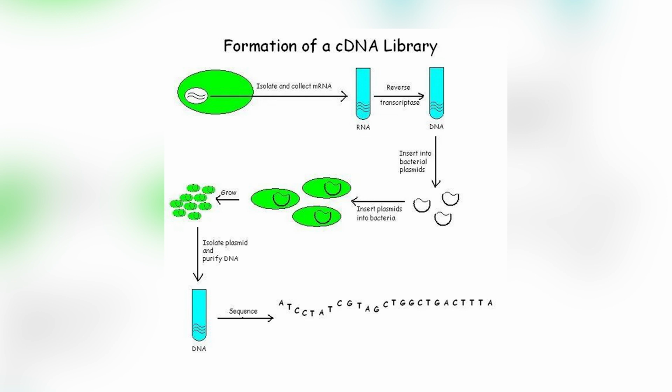So, I believe you can clearly understand the difference between BAC library and YAC library. As mentioned earlier, BAC library size is hardly 100 to 300 kilobase pairs, but yeast artificial chromosome library has DNA fragments which are several hundred kilobases to a few megabases.